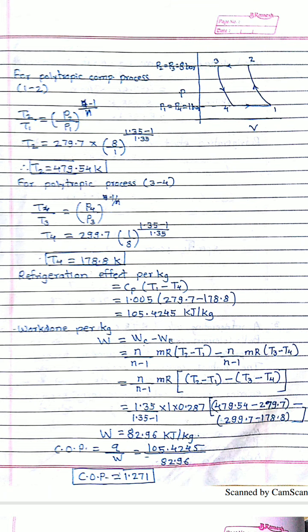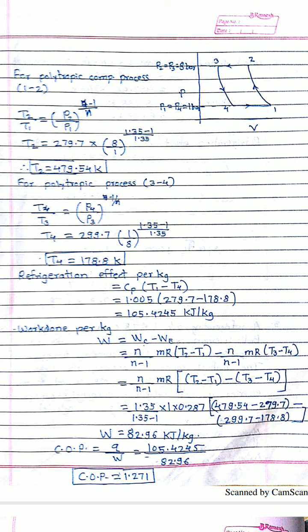So WC minus WE. Work done by the compressor is n upon n minus 1 into mR (T2 minus T1). Previously we have discussed this point, P2V2 minus P1V1, but PV is equal to mRT. So mRT2 minus mRT1, mR taken as a constant.